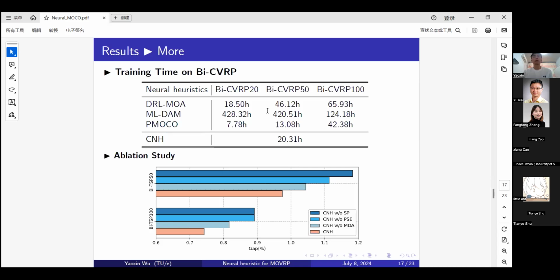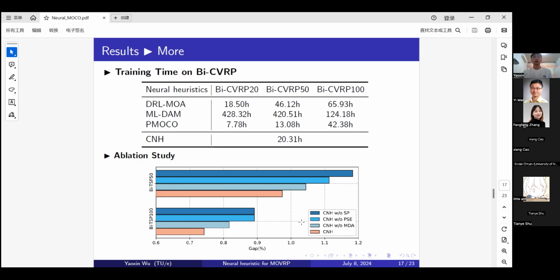And we also did some ablation study, because our neural network can be trained with different problem sizes. We find we can just train one unified neural network with a very short time limit, and for the other neural heuristics, they need to train each model for each problem size, which costs much more time.